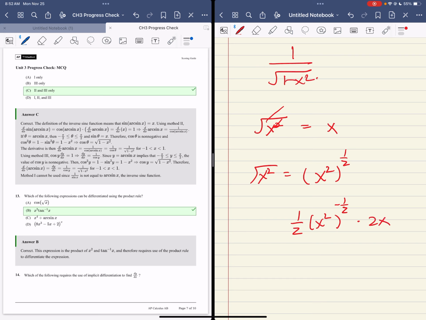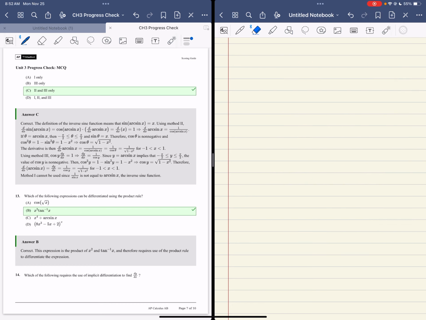I don't understand why we have to do this, because when you do this, you will eventually just get a 1. So whatever. Just follow the thing. So you don't have to do all these things.